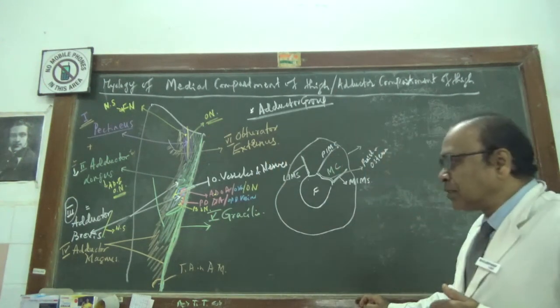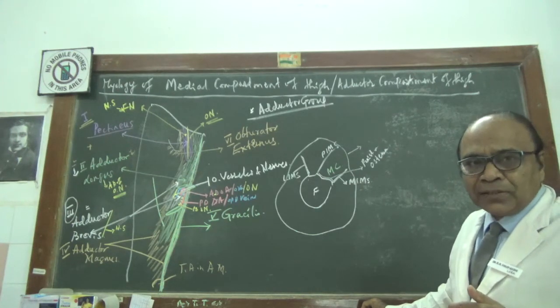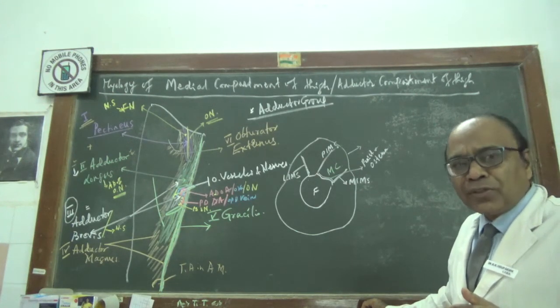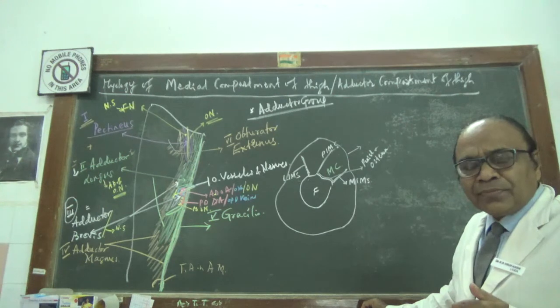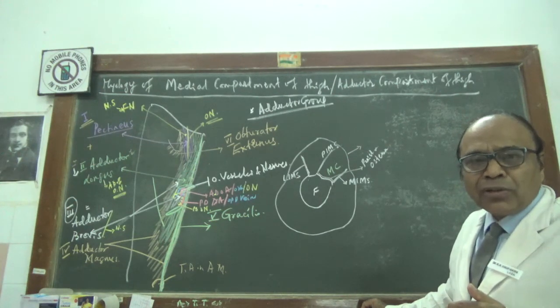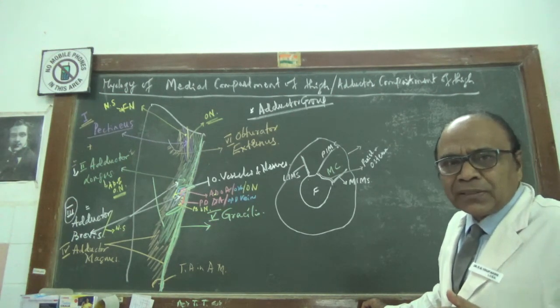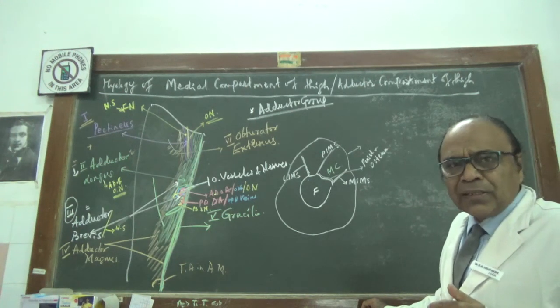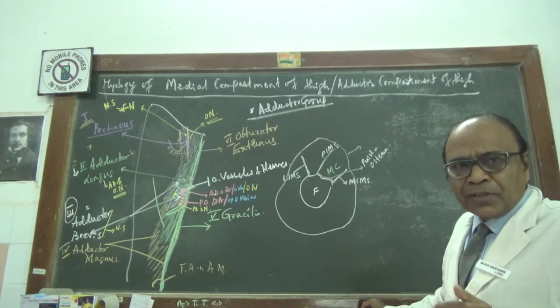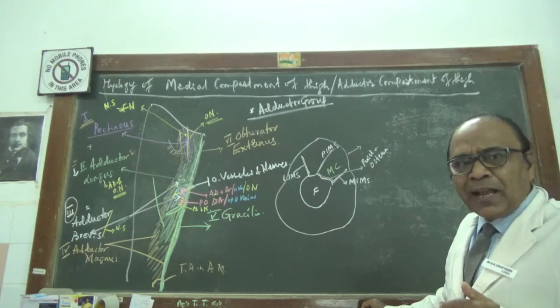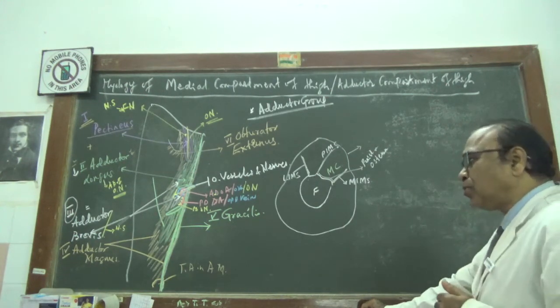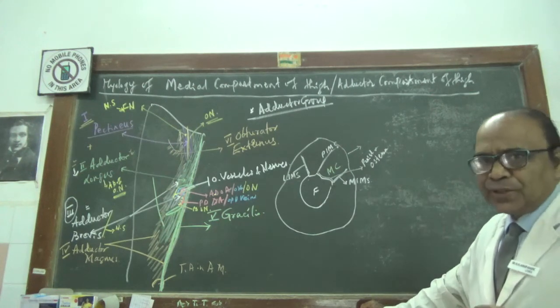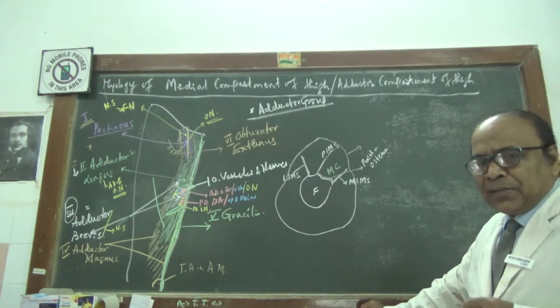Through this tendinous aperture in the adductor magnus, the femoral vessels, that is the femoral artery and the femoral vein, become the popliteal artery and popliteal vein, and the popliteal vein becomes the femoral vein again.